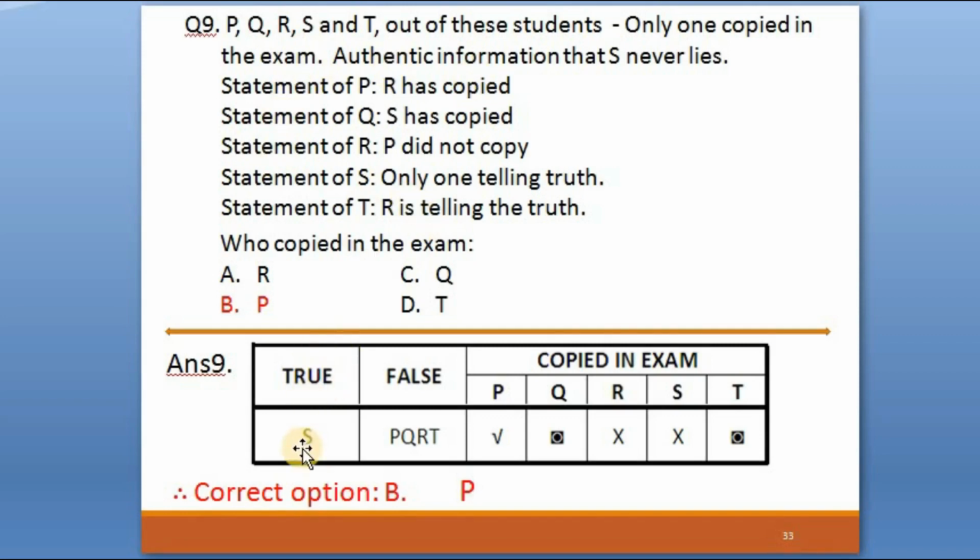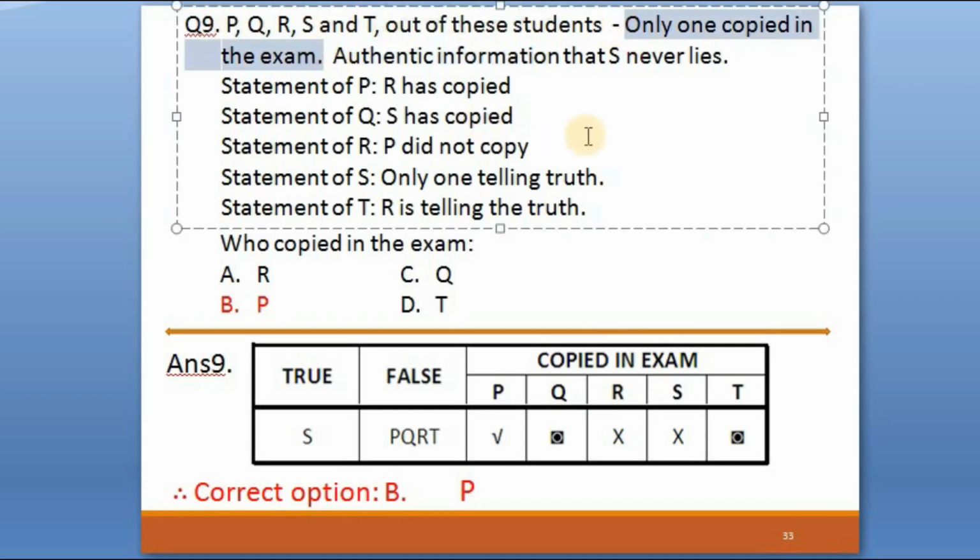And according to that, we have to find out the person who has copied in the exam. Now, if we carefully study, out of these 5 students, only one has copied in the exam. This is one piece of information. And the second authentic information is that S never lies. So S never lies means S always speaks the truth. So this is the condition we have been given.